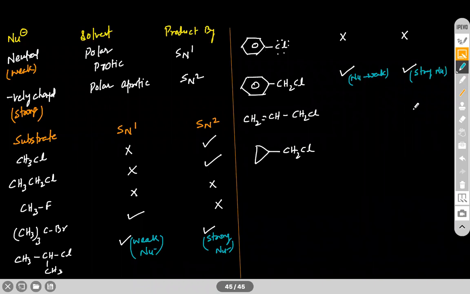One degree halide, SN2 possible, and this carbocation is an allylic carbocation, so SN1 is also possible. Again the same thing, weak nucleophile and strong nucleophile. This 1 degree halide, SN2 possible, and the carbocation is resonance stabilized, so SN1 is also possible.